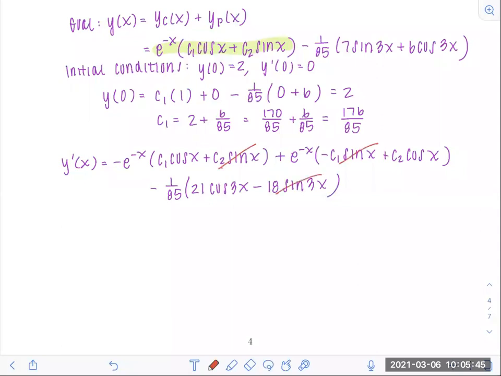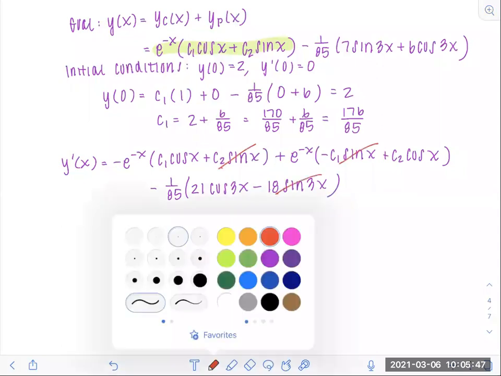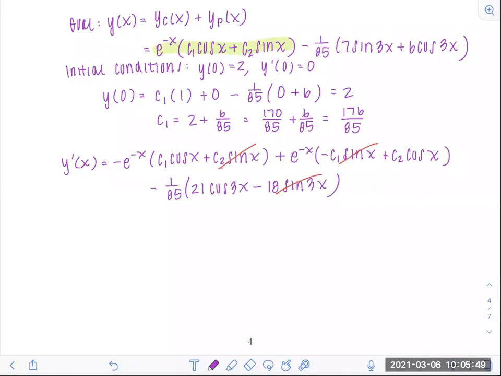So I'm just going to cross those out right away. And so now I want to evaluate at 0. I get a negative 1 times c1 plus 0 plus 1 times 0 plus c2 minus 1/85 times 21 minus 0. And all of this needs to equal 0.